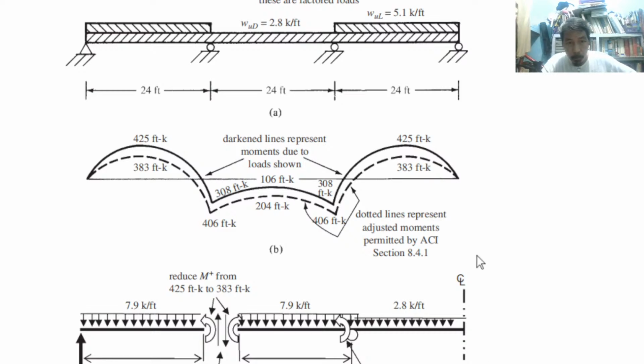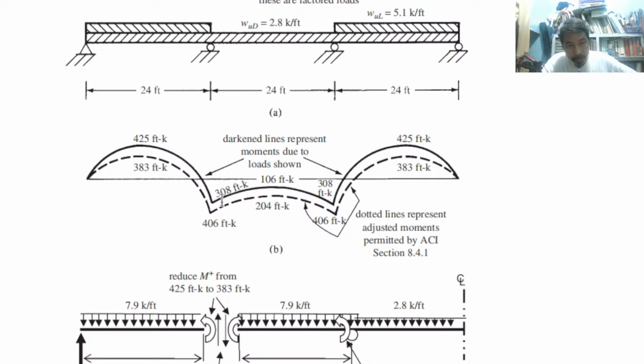We have 3 spans, so we need to put greater load in spans 1 and 3 rather than span 2, because it would create a moment like this.